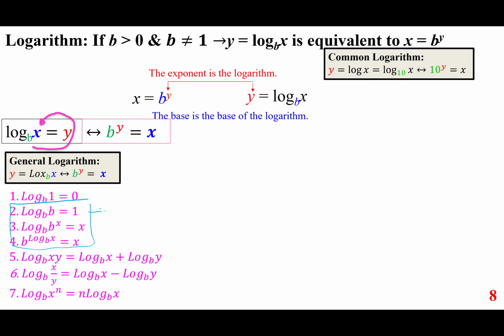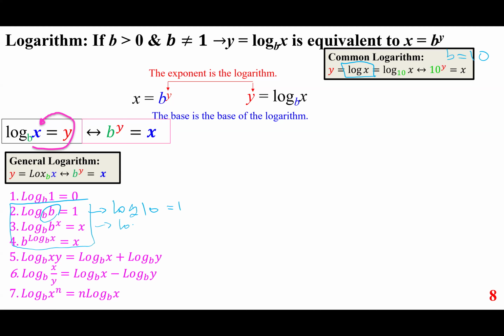For this one, when you write log, the base is 10. And remember, this says if the base and the argument is the same. So this becomes log 10. I hope you see that. Remember, when we write log, the base is 10. What about this one?